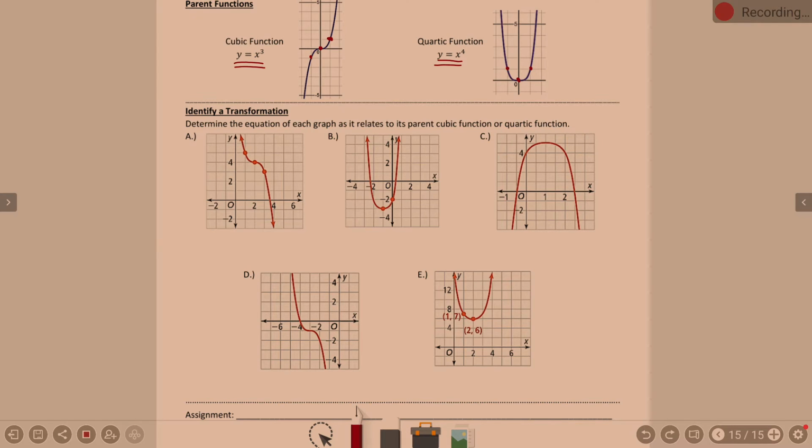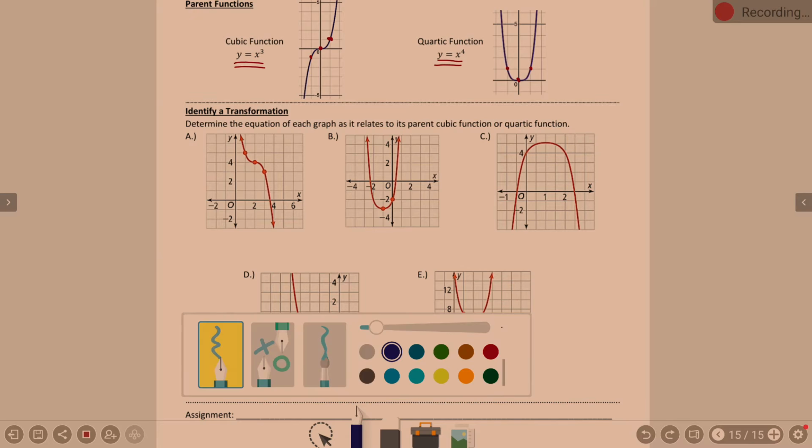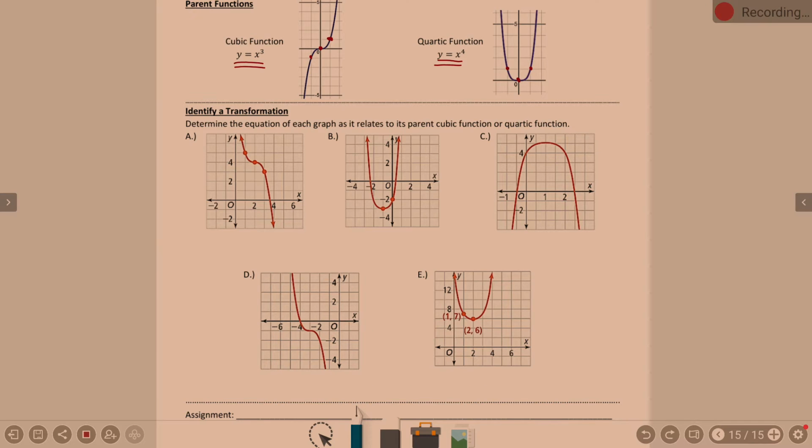Now, our job is to write an equation here. As we go to write an equation, look at A. What can you tell me about this? What do you see? We have to know that this is an x cubed graph. I'm going to make a couple of quick notes about what we have to include in our equation.